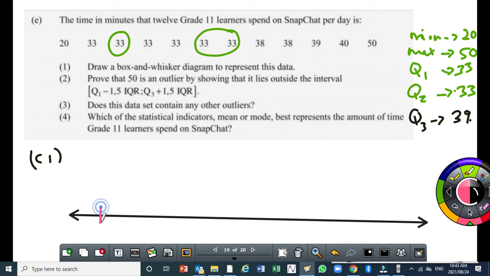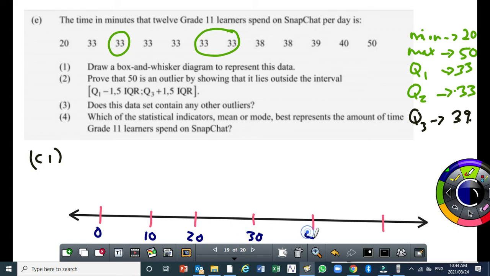Okay, so if I have say 0 here, then 10, 20, 30, 40, and then 50.